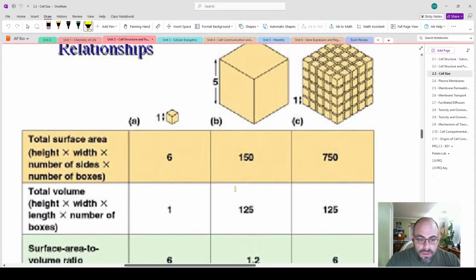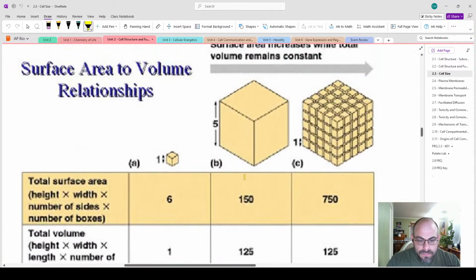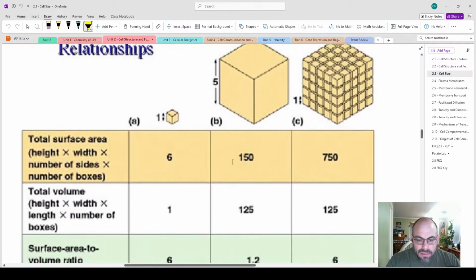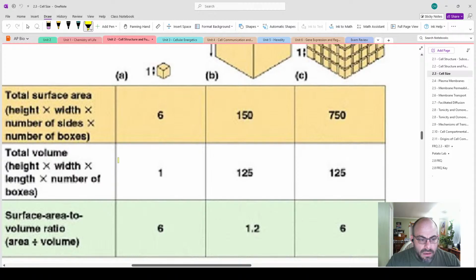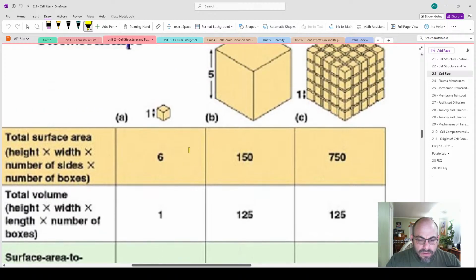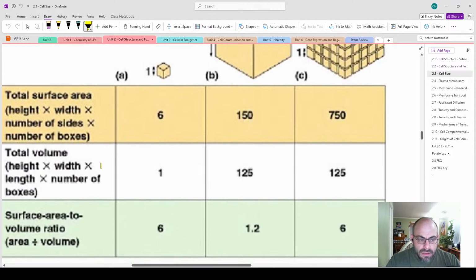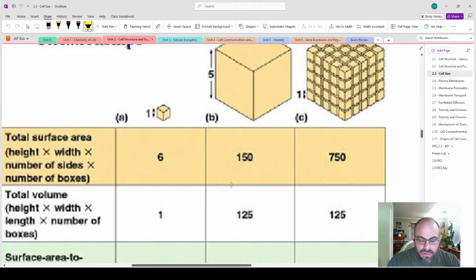So notice what happened: when you increased the side by a factor of 5, the area increased by a factor of 25, and the volume increased by a factor of 125.